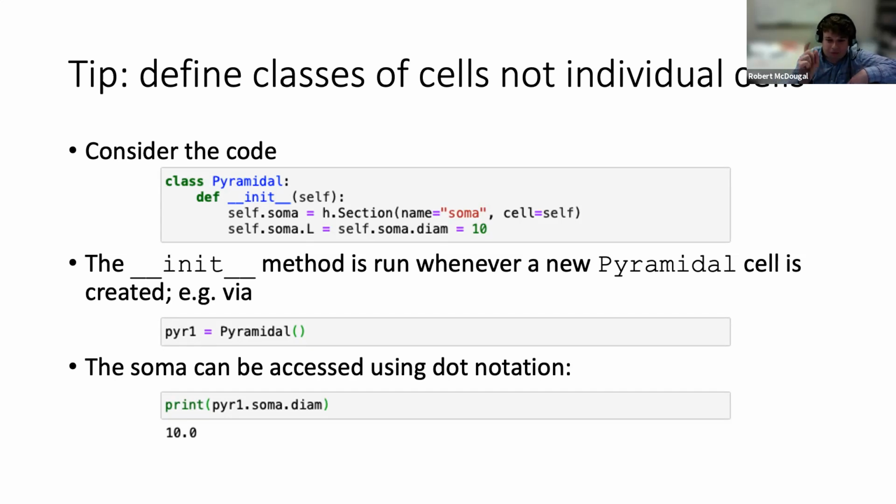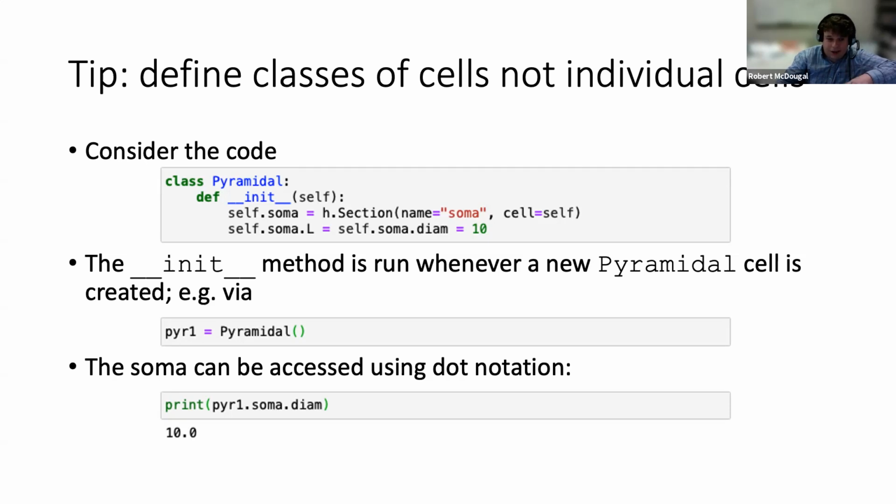And then I can have one of them, so I can say PYR1 equals Pyramidal(), open close parentheses, right? And then I can access that particular cell's soma's diameter. Again, dot gives me different properties, right? So PYR1.soma is going to refer to the soma of the PYR1 cell. And then again, .diameter is going to refer to the diameter of that.